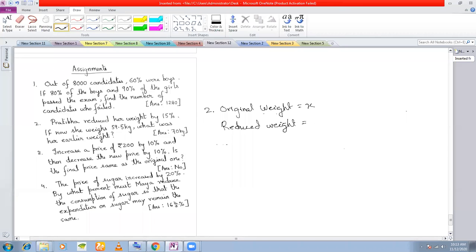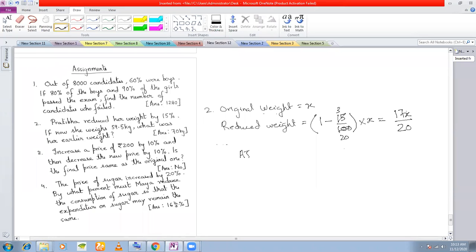But how do you calculate the reduced weight? If you remember how to calculate the reduced quantity, it is 1 minus 15 by 100 into the original quantity. This is the reduced weight. So this is 17x by 20.